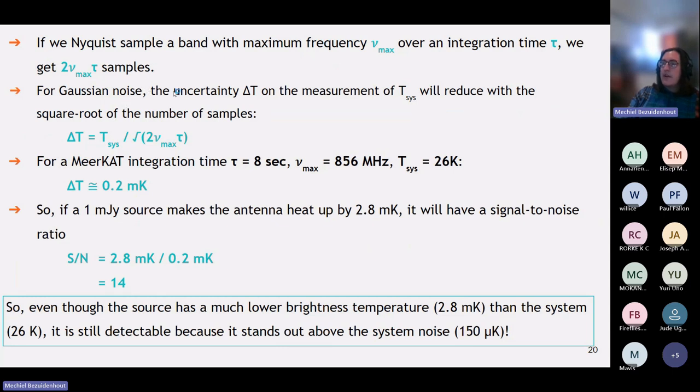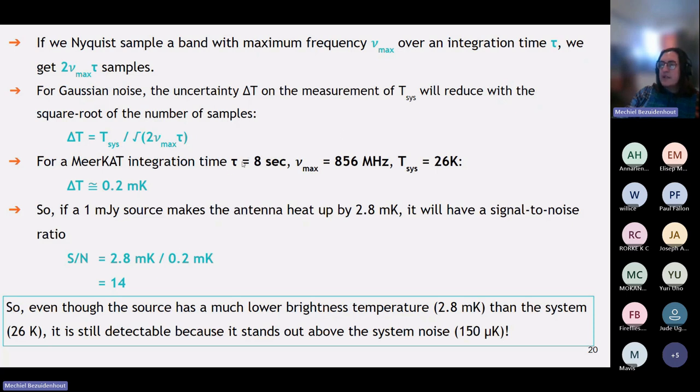If we have Gaussian noise, the uncertainty delta T on the measurement of the system temperature will reduce with the square root of the number of samples. So the uncertainty on the system temperature is given by the system temperature divided by the square root of the number of samples, 2 nu max tau. So let's insert some figures.